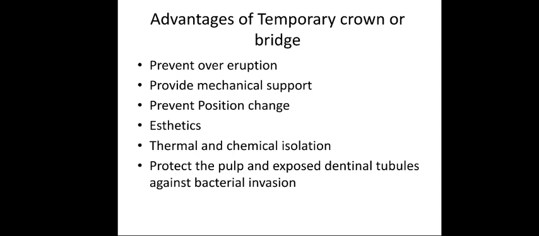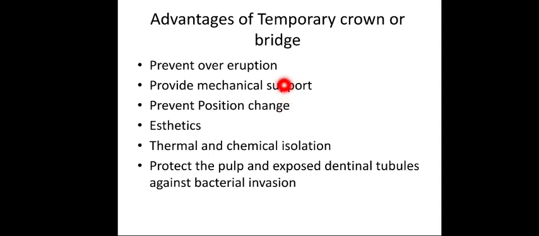It will protect the prepared tooth against biological irritation such as food or saliva, thermal isolation, and chemical isolation, protect the open dentinal tubules from irritation by acids, and prevent the position change and tilting of the tooth because it will lose the contact with adjacent teeth and opposing teeth.